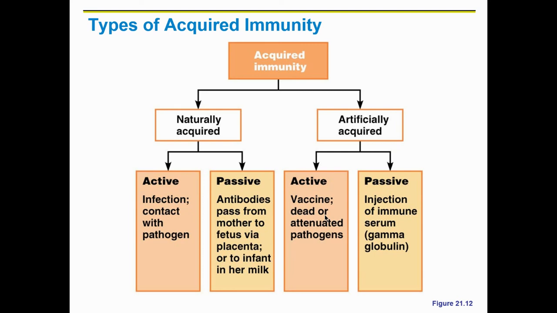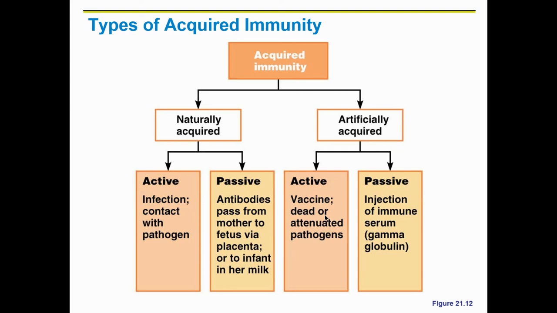Naturally acquired passive means you didn't get those antibodies from yourself, you got them from somewhere else. Well, the only natural way to get antibodies from somebody else is what happens with mother and infant and mother and fetus. So a pregnant woman will pass her own antibodies through the placenta.